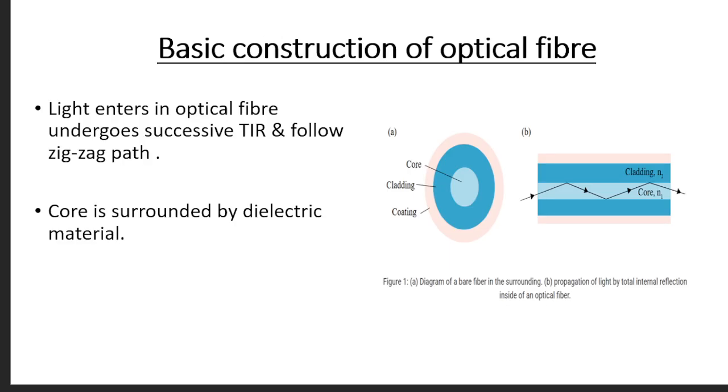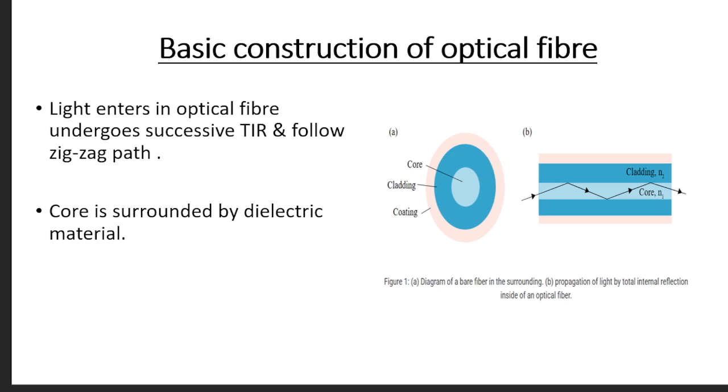The next point is the basic construction of an optical fiber. As we discussed, the fiber consists of three main parts: the core, the cladding, and the coating. Your core material is made up of glass, which is fragile in nature.